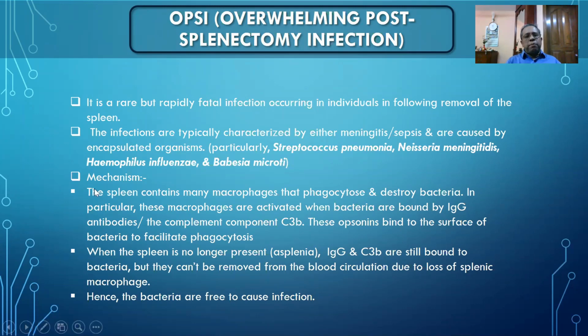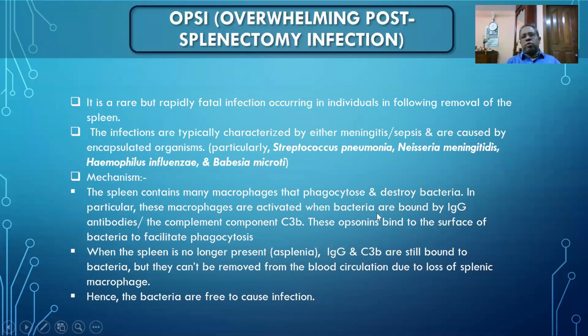Now the mechanism. The spleen contains many macrophages that phagocytose and destroy bacteria. In particular, these macrophages are activated when bacteria are bound by immunoglobulin G antibodies and the complement component cascade. These opsonins bind to the surface of the bacteria to facilitate phagocytosis.